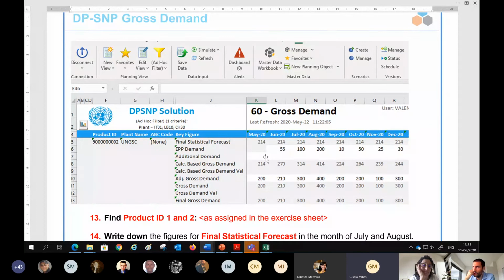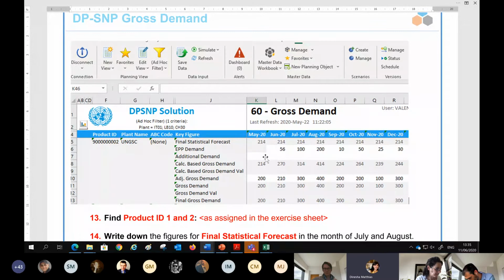Yeah, that's a very good comment, because it's the same key figure that is displayed in different templates, right? Yes, that's right. So if you were in the previous template, I believe it was 50 for equipment, and you reviewed all your equipment and added an additional demand, that same key figure gets copied over here.